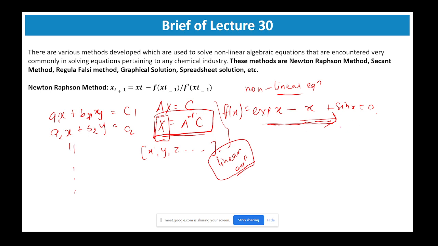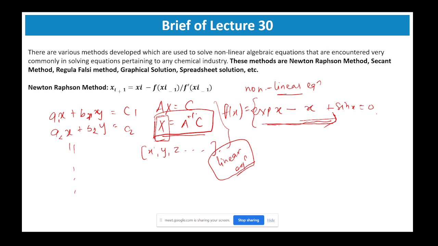This is nothing but a simple equation, and for industry, there will be n number of non-linear algebraic equations which are related with a series of units, unit operations or unit processes.